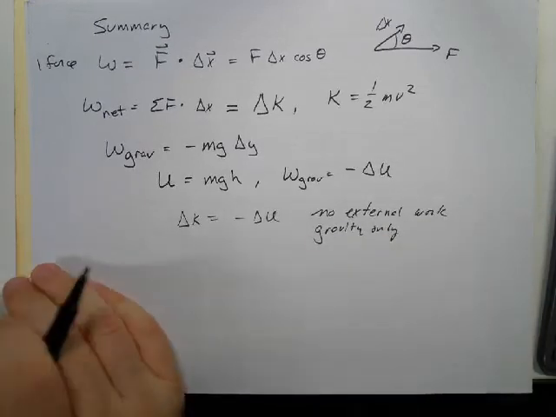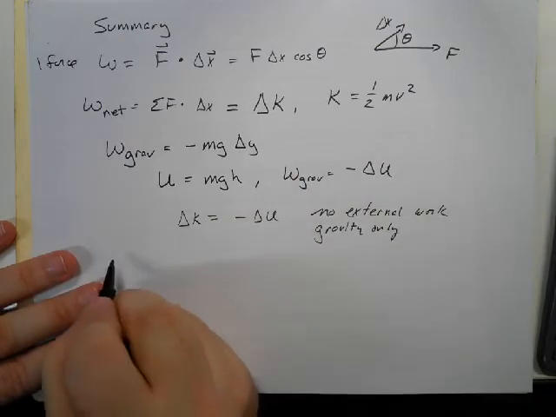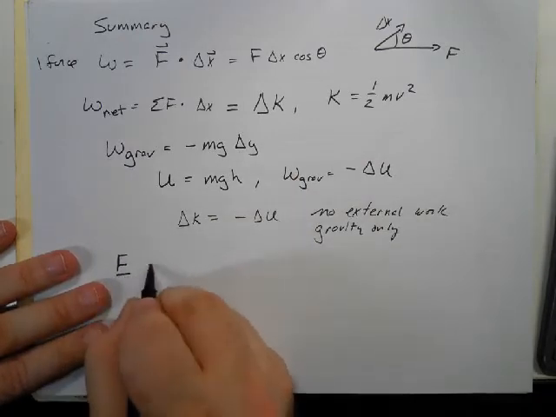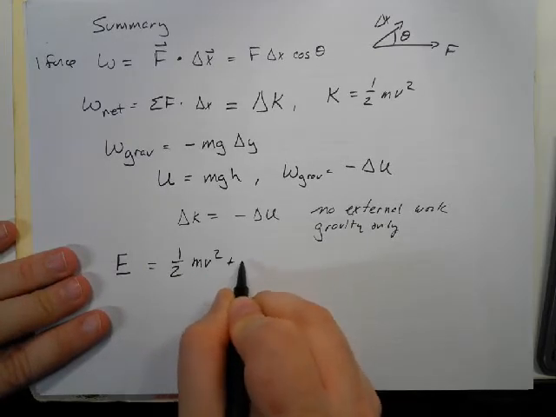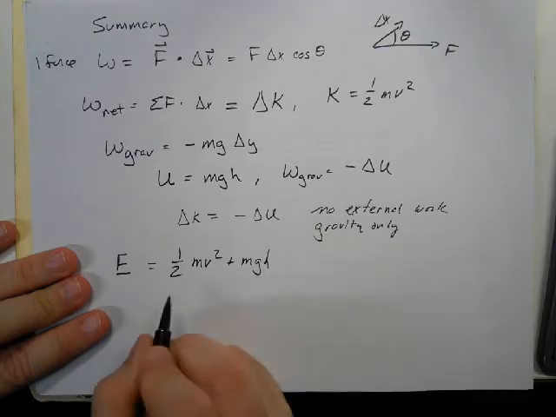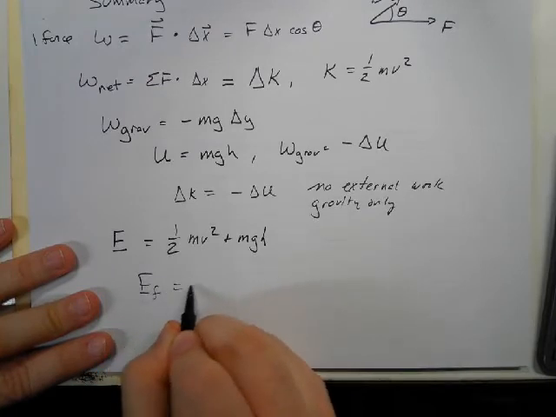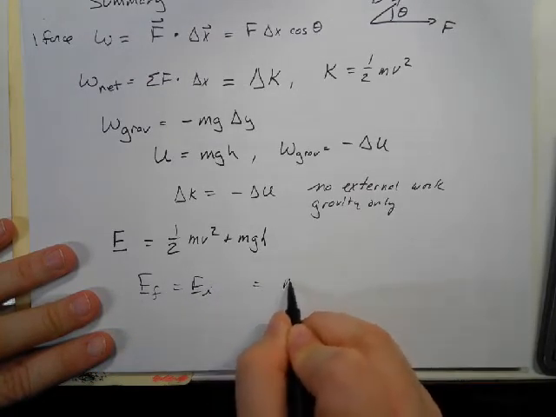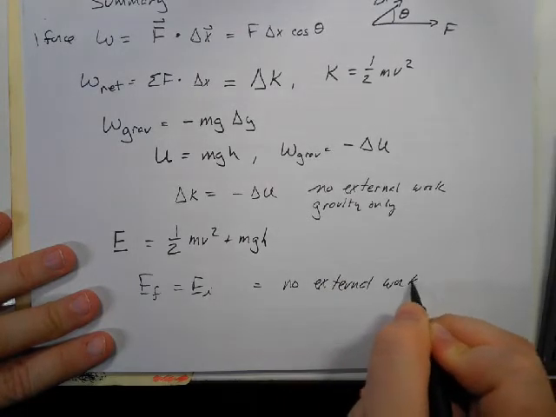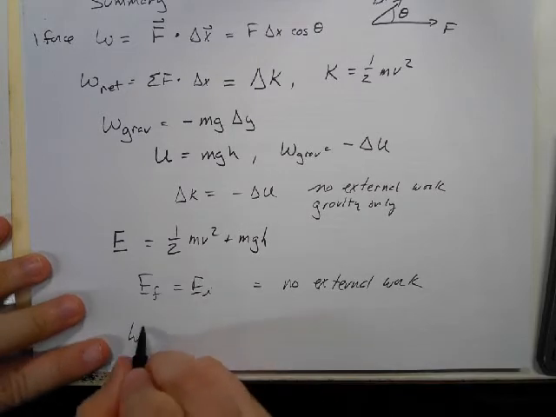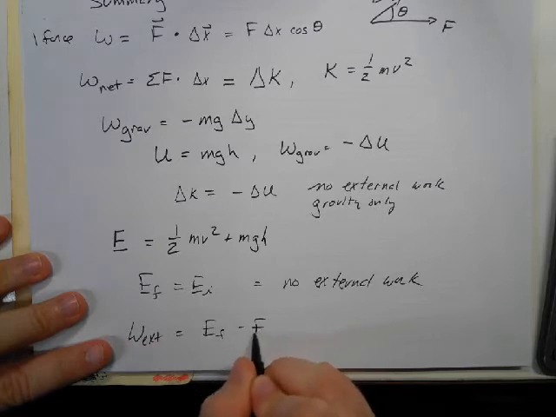All right. But it leads us to something more general, which is to say that the mechanical energy is 1/2 mv squared plus mgh, and this is conserved, right? E final equals E initial if no external work. But when there is external work, it is just E final minus E initial.